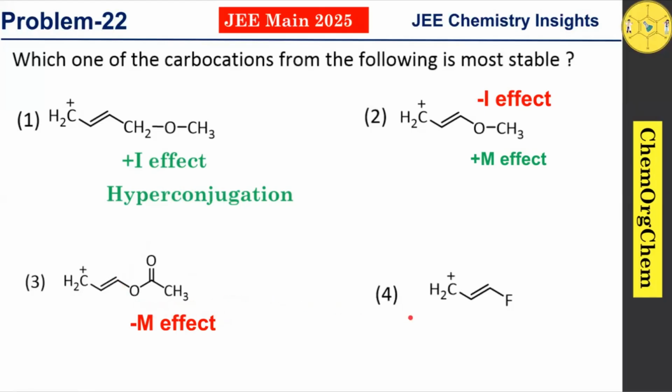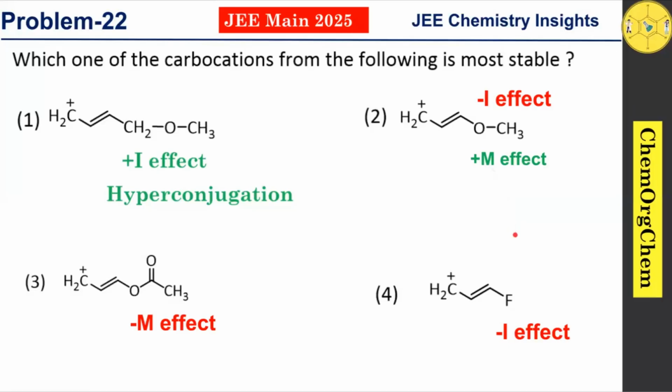So let's move on to our fourth option. Here you see a fluorine atom directly attached to this double bond. We know that fluorine is one of the most electronegative elements and can pull electrons from this carbon by the minus I effect. While fluorine does have lone pairs that can participate in resonance, for example the plus M effect, its strong electronegativity makes this donation less effective compared to oxygen in the methoxy group.